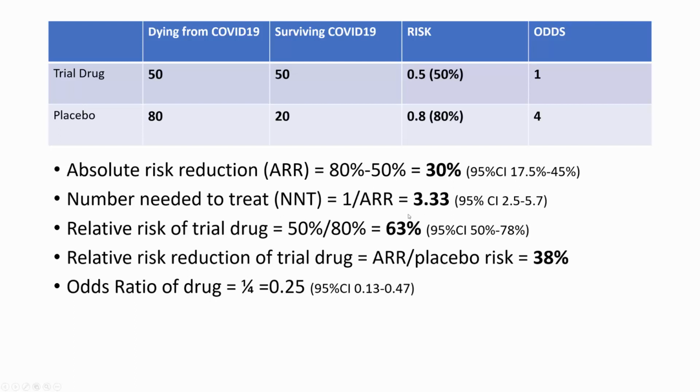And the relative risk reduction, once again, greater than 0% at the lower end. So therefore, it's a significant result. Now, the odds ratio of 0.25 with your 95% confidence intervals 0.13 to 0.47, which means that it is definitely significant in that 1 is not even close to either end of that.